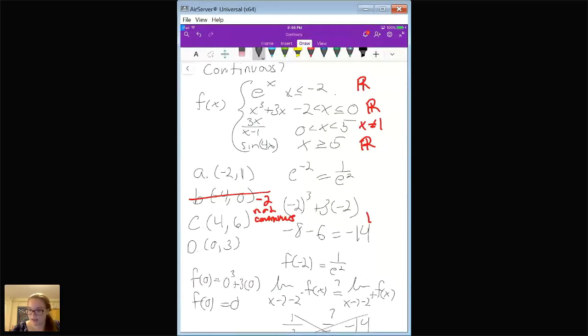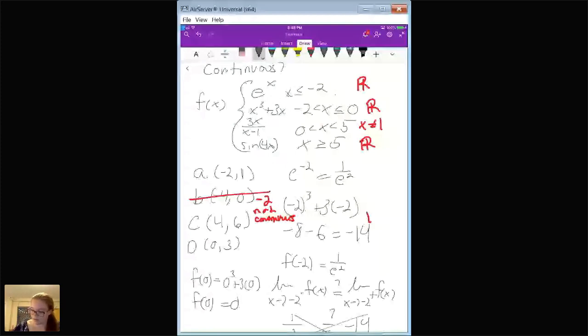Okay, so I see C is correct, but what we have to check is there is this 5 that is in between the interval. Yes, good, exactly. So we want to check to see if it's continuous at 5, because if it's not, then we can't use option C.